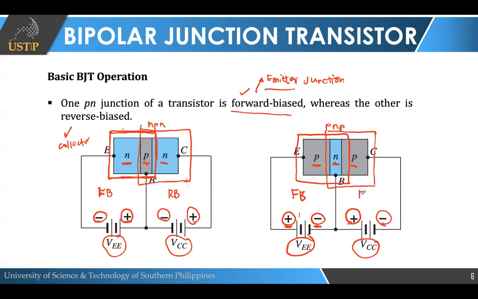So, meaning this is reverse bias. Okay, so these two types of transistor satisfy the condition of basic BJT operation, wherein our emitter junction is forward bias and our collector junction is reverse bias. So both of these types of transistors operate in the active region.